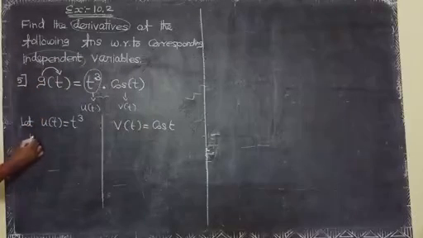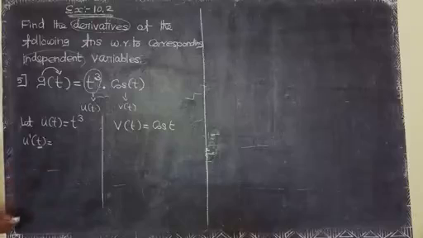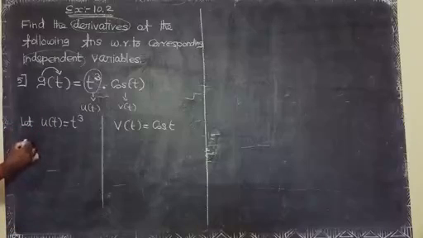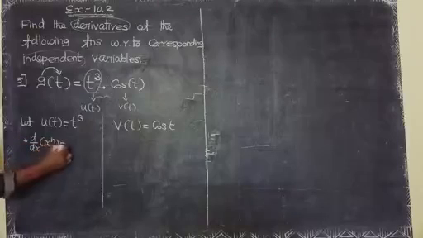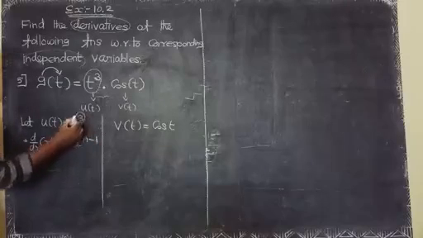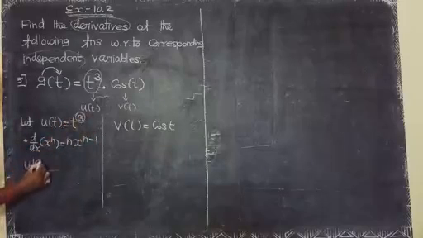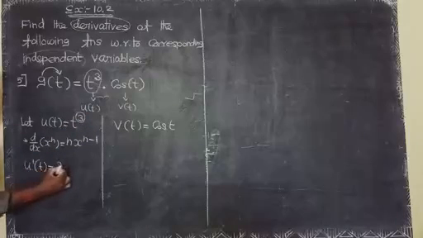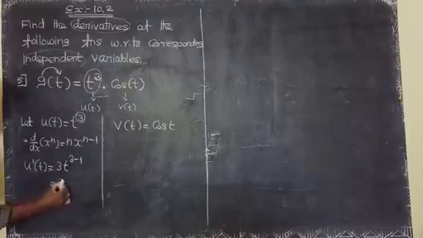Here u dash of t, the first derivative with respect to t, using the formula d by dx of x power n equals n into x power n minus 1, with n equal to 3. So u dash of t is 3 into t power 3 minus 1, which is 3 into t square.